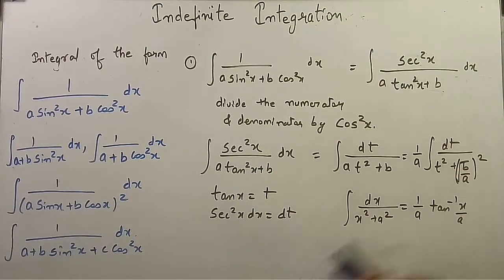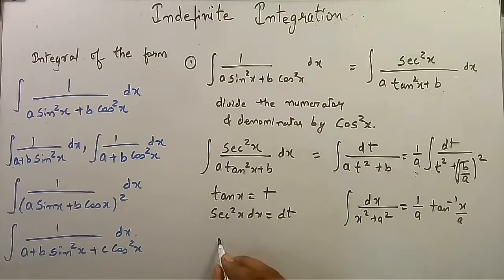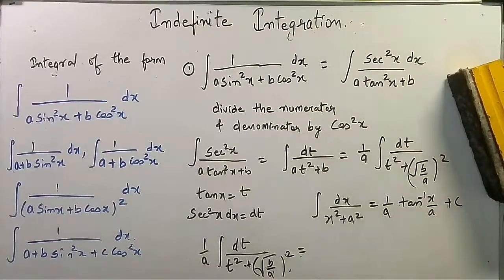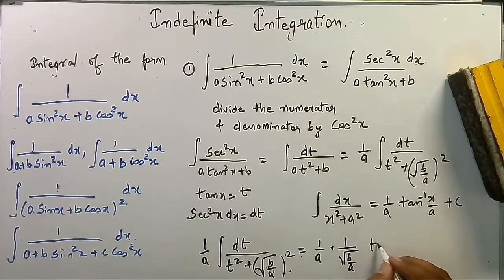So if we put this formula here, we get 1 by a integral of dt by t square plus under root of b by a whole square. Now if we use this formula, we can get the value of this integral very easily, and the value is 1 by a into 1 by under root of b by a into tan inverse of t by under root of b by a.